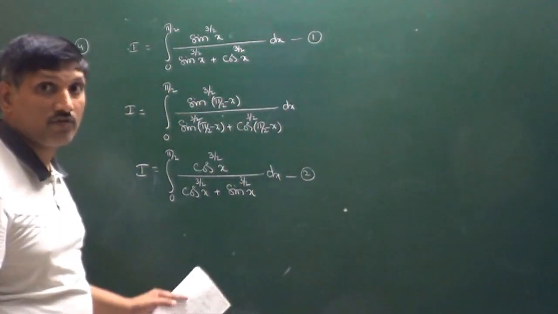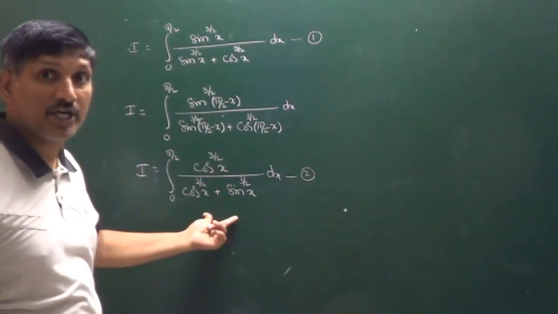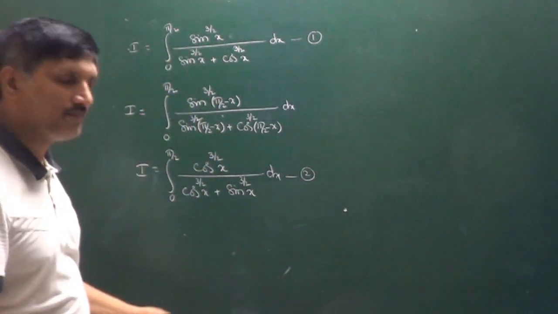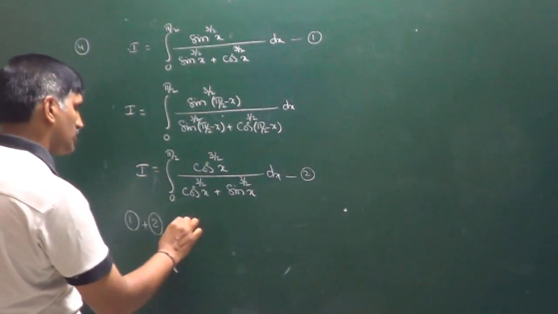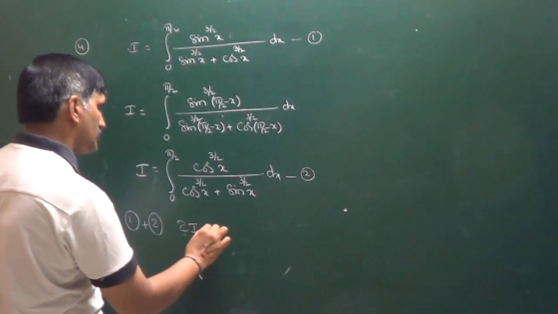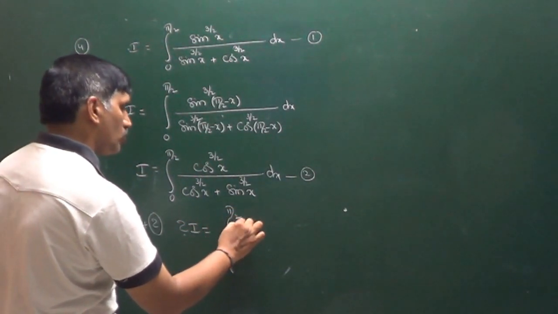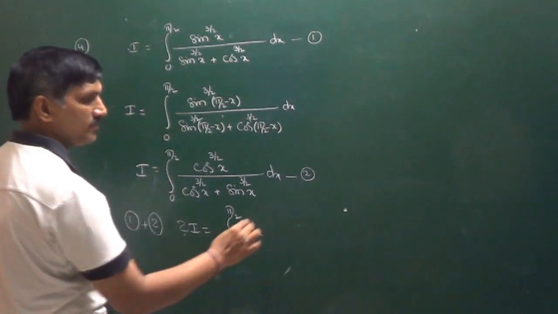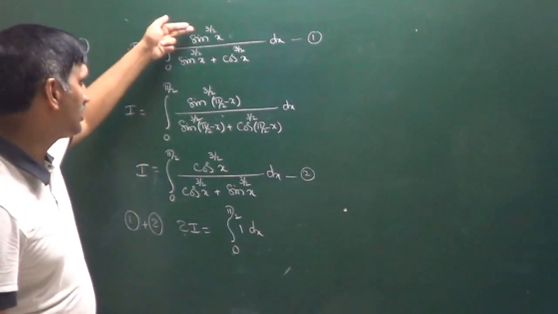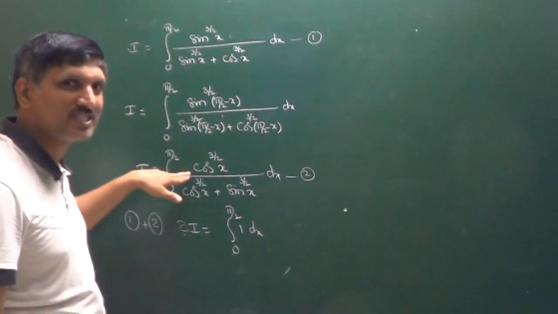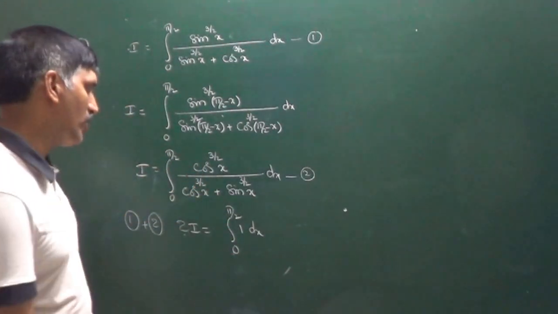If you observe equation 1 and equation 2 carefully, the denominator is the same. Add 1 plus 2: 2I is equal to integral 0 to pi by 2 of 1 dx. Same denominator, add the numerators, (sin x)^(3/2) plus (cos x)^(3/2) divided by the same, cancel, and you will get 1 dx.